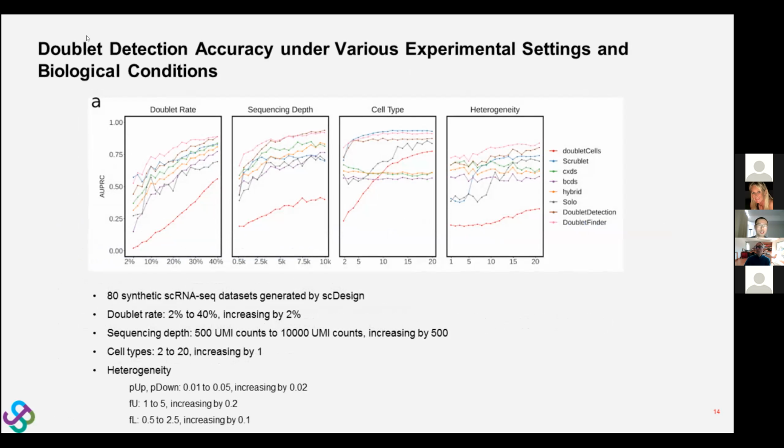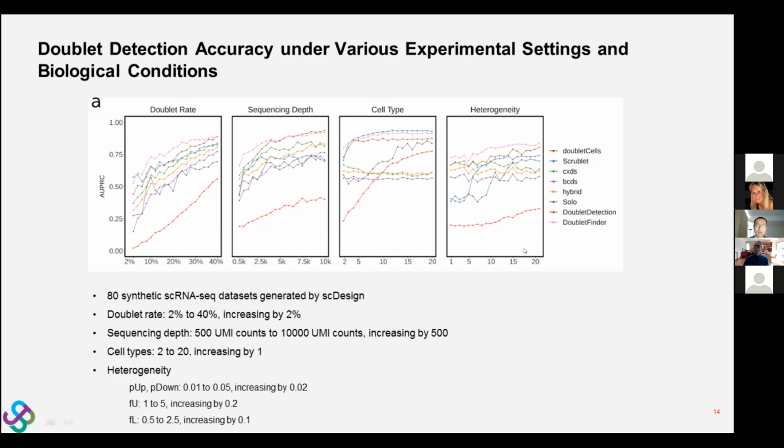We adjust 4 aspects of our data set: the doublet rate, how many doublets we have; the sequencing depth; the cell type, how many cell types we have; and heterogeneity, which means how different two cell types are. If you have higher heterogeneity, the cell types are very different, otherwise they are more similar.